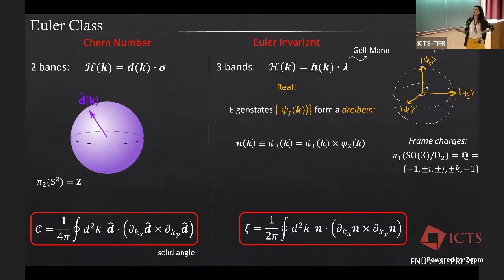And if I am in this special case where this N3 vector, the third eigenstate, is completely gapped, I can write this as a cross product of the other two always, and then I can express this Euler invariant as something like a Chern number formula, like a Pontryagin formula, but it will be even. So if I am in this case where the third band is completely gapped, I can always imagine this thing.